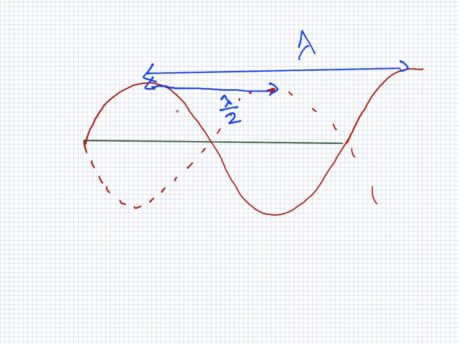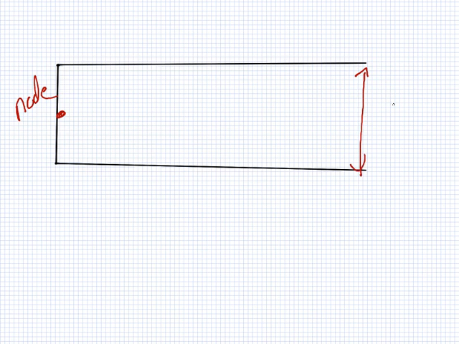So just to be clear, if I draw the pipe like this, this end here will be a node, and this end here will be an antinode.